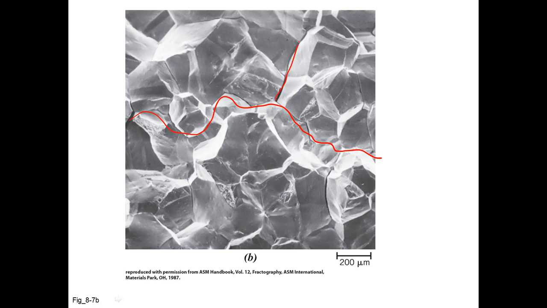You can see it actually is going maybe several paths along those grain boundaries, but definitely following the grain boundaries. We see still a smooth surface, but a preferred crack route. And this can occur for a number of reasons.